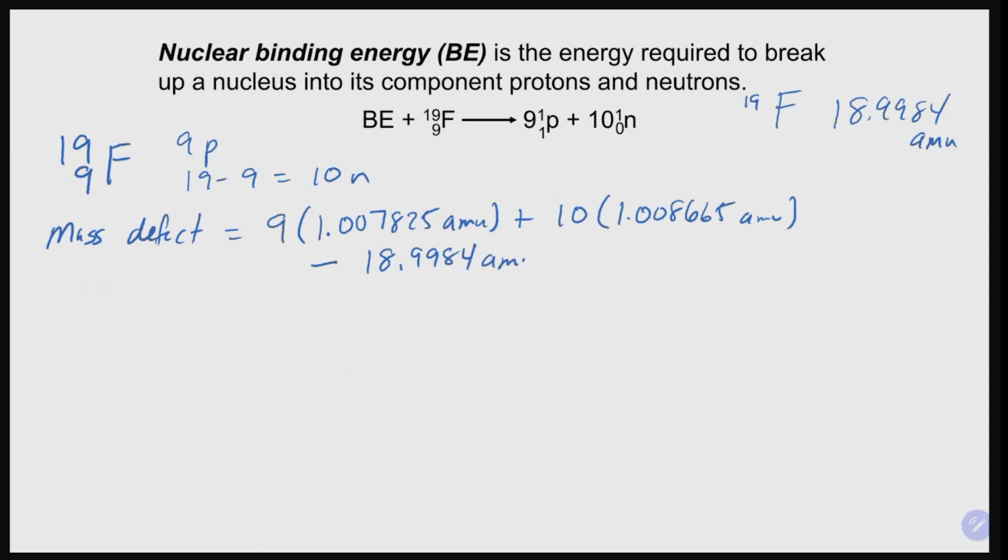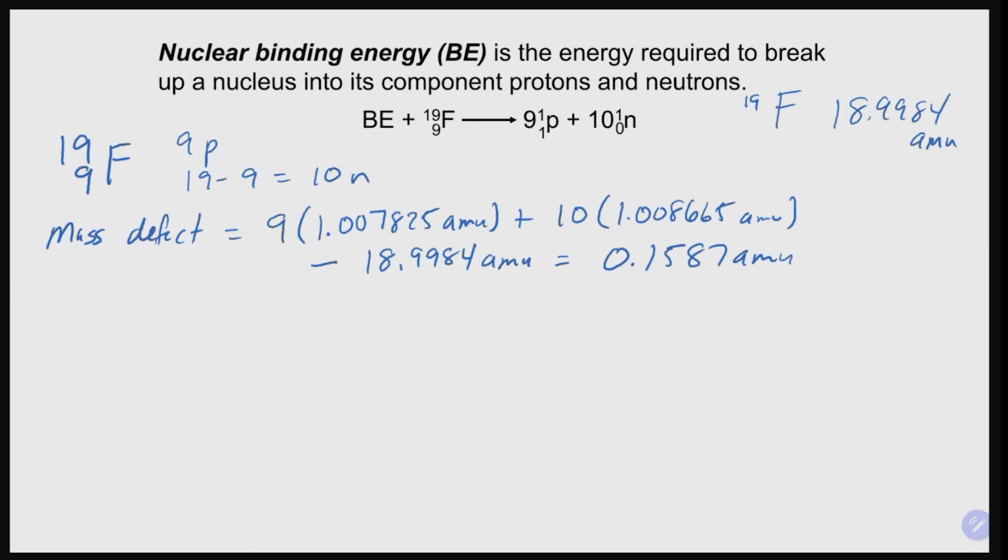So we're taking the mass of all the protons and the mass of all the neutrons that are in the nucleus, which are the nucleons that make up the nucleus, and we're subtracting the atomic mass of that isotope. And if we do that, we will end up with a mass defect of 0.1587 AMU.